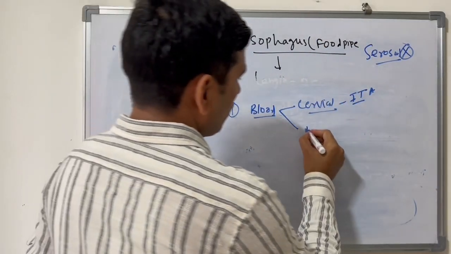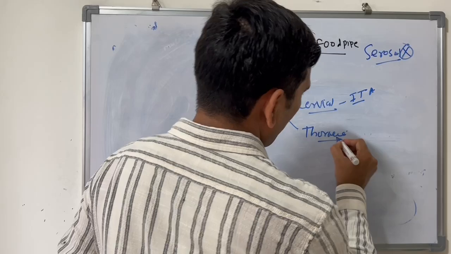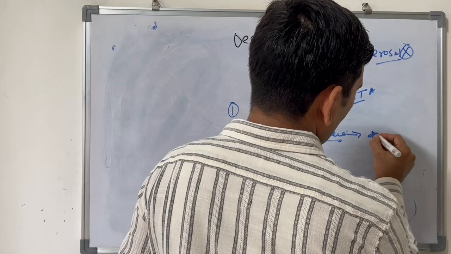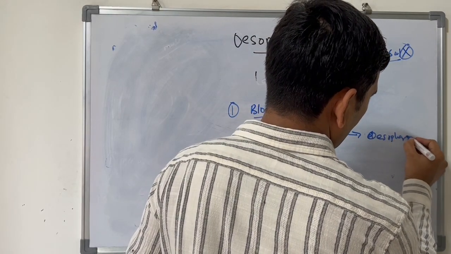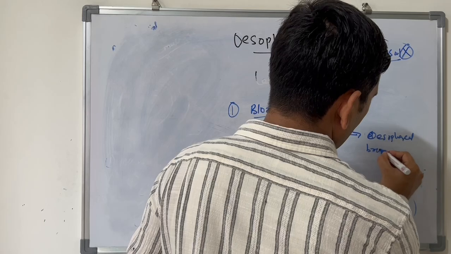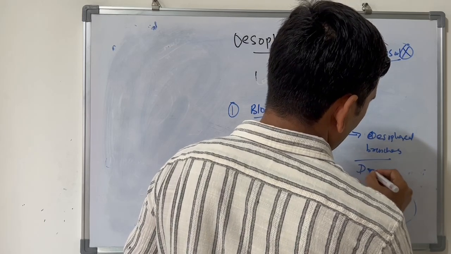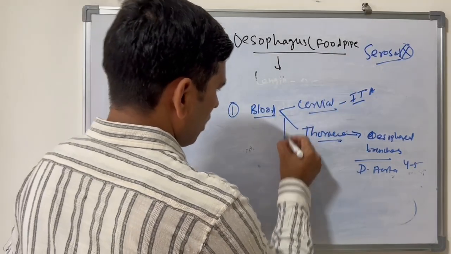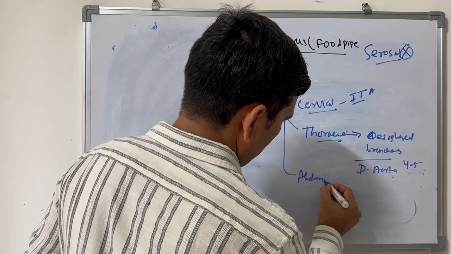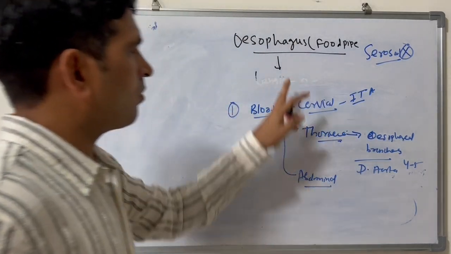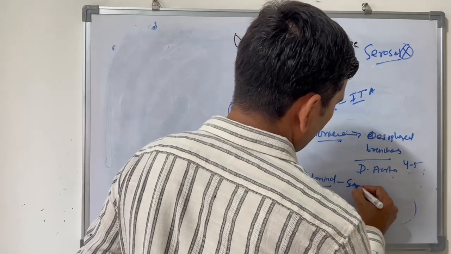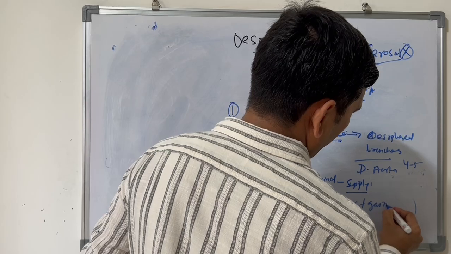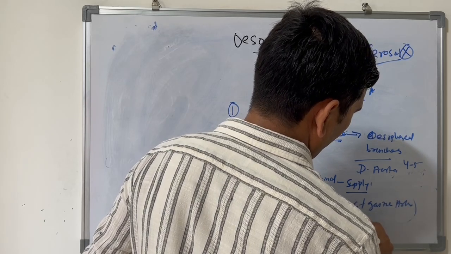The thoracic esophagus is supplied by esophageal branches coming from the descending aorta, about 4 to 5 branches. And the abdominal part is supplied by the left gastric artery or left inferior phrenic artery.